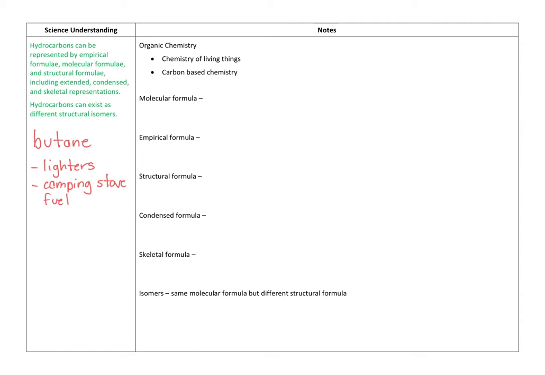So let's talk firstly about a molecular formula. The molecular formula for butane is C4H10. It's got 4 carbon atoms and 10 hydrogen atoms.